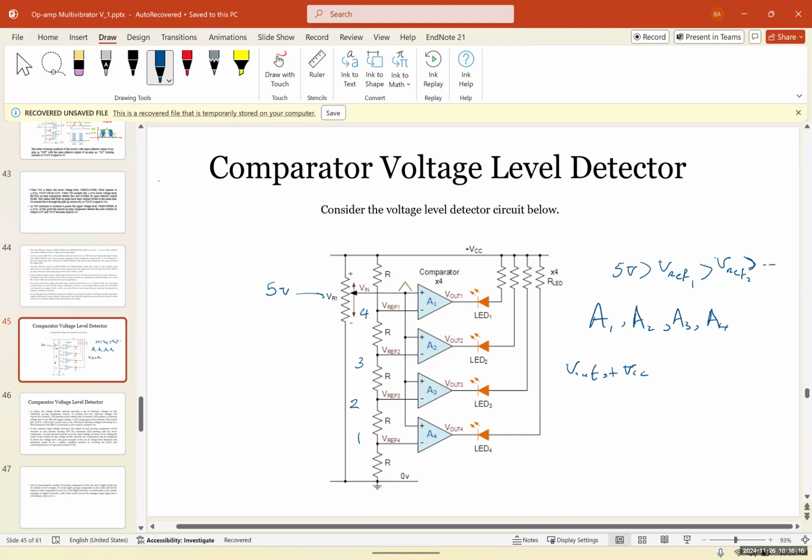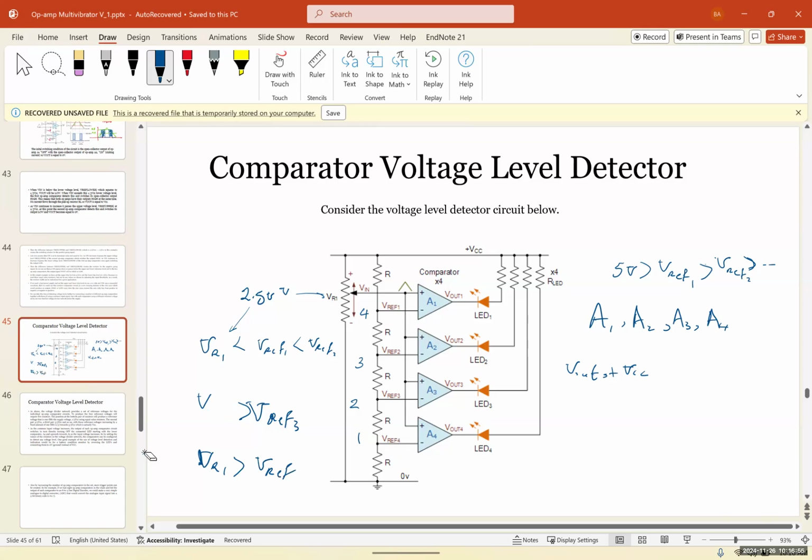But what happens when the voltage drops to, let's say, 2.5 volts? When it's 2.5 volts, VR1 is less than V reference 1, and less than V reference 2, but it's still greater than V reference 3, and still greater than V reference 4.